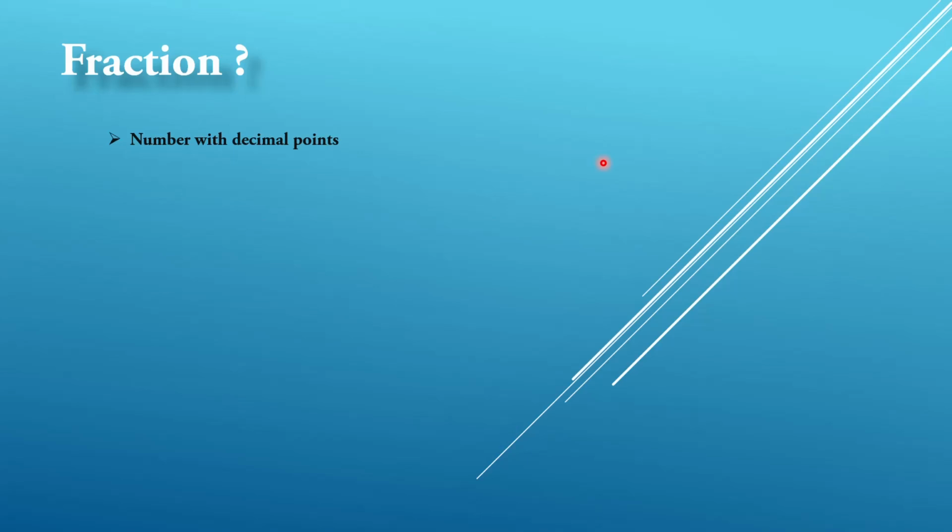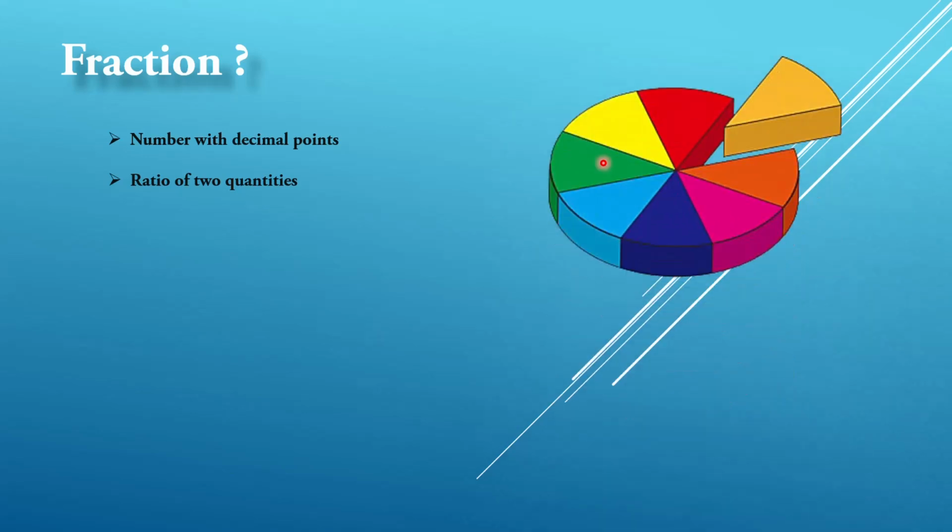A fraction can be denoted with a decimal point, or it is a ratio of two quantities, so we can denote it by using ratios. Let's take an example of a pizza. For that pizza we have 8 parts, 1 2 3 4 5 6 7 8 parts, and I have taken one piece of that pizza.